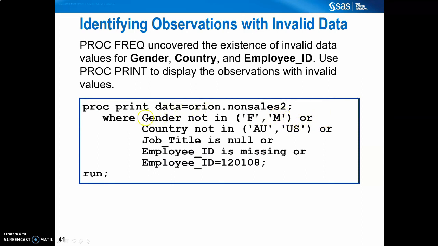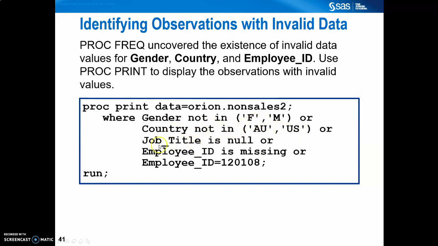For example, for the gender variable, we can display the values other than capital F and M by using the NOT IN operator. Also, for the country, we can display the other observations besides capital letters AU and US by using the NOT IN operator.